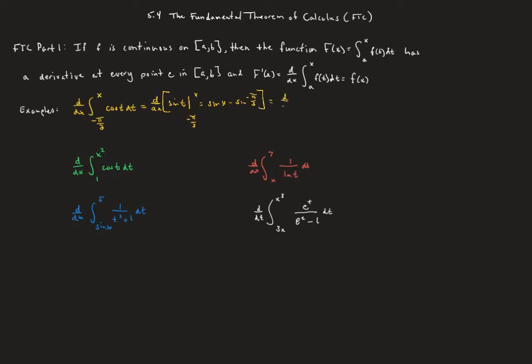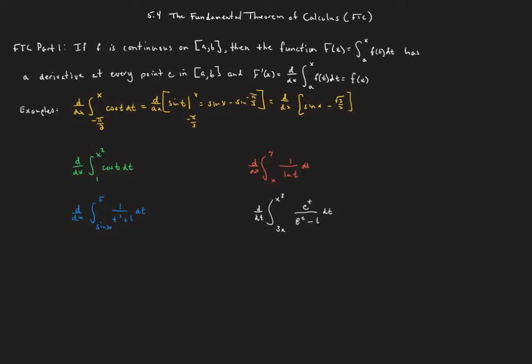So we're taking the derivative of sine of x, and the sine of negative pi over 3 is going to be the square root of 3 over 2, I believe. So that will be a minus square root of 3 over 2.